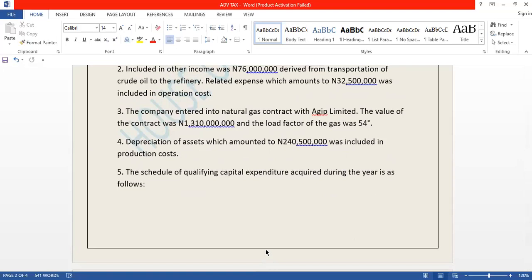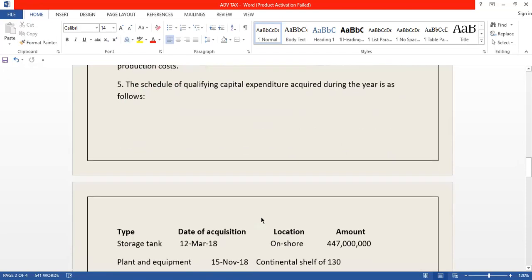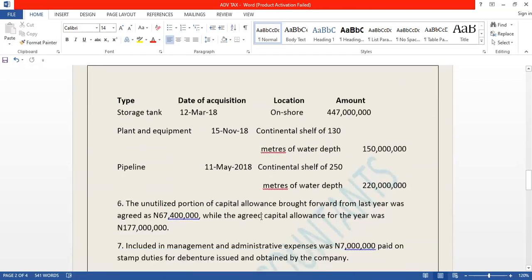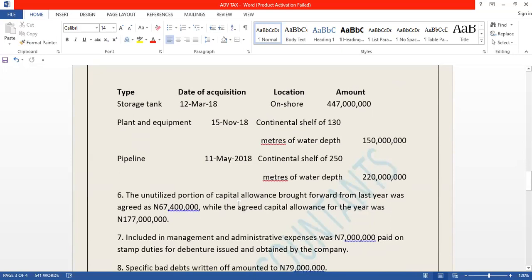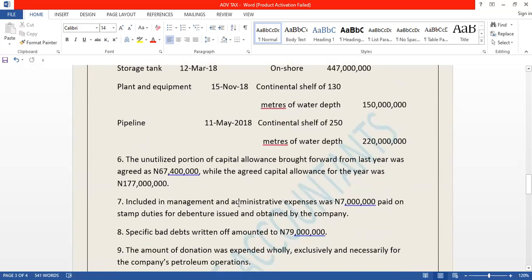The schedule of qualifying capital expenditure acquired during the year is as follows. We have the date of acquisition, location, and amount as given below. 6. The unutilized portion of capital allowance brought forward from last year was agreed at 57,400,000 naira, while the agreed capital allowance for the year was 177 million naira.